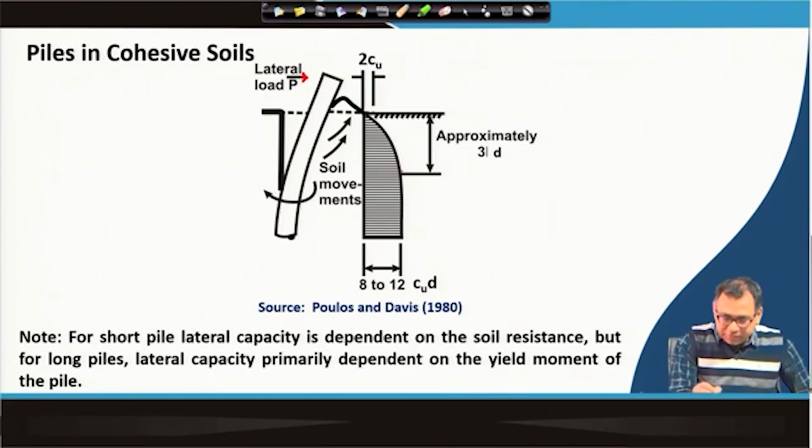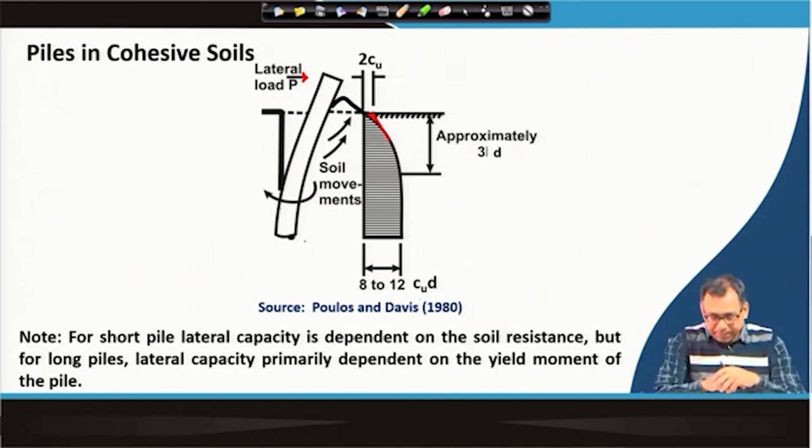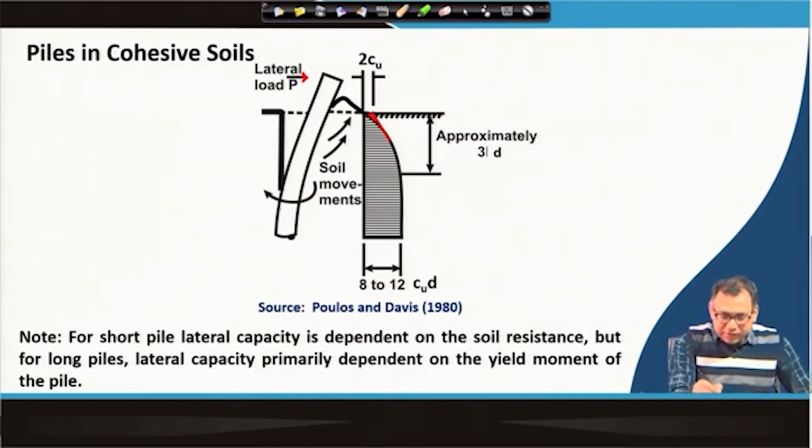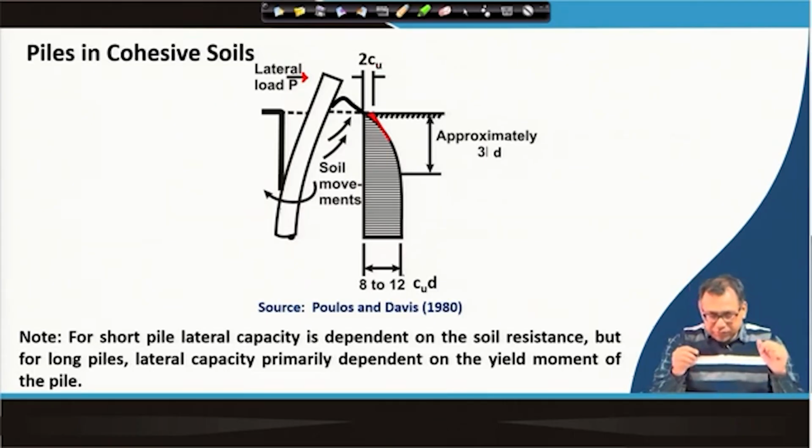So, we can see that this pressure distribution starts from 2 cu to 8 to 12 cu at the base of the pile. Okay, so it is 12 cuD. So, 2 cu from the top, it will go up to 8 to 12 cu.